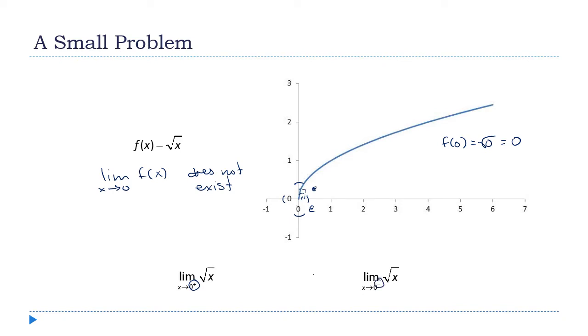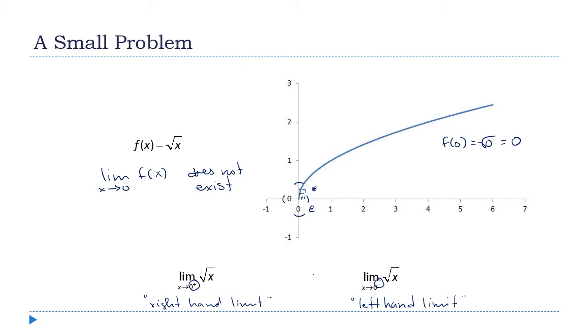The minus sign means this is the left-hand limit, and the plus sign means this is the right-hand limit. And these mean what you think they're going to mean.